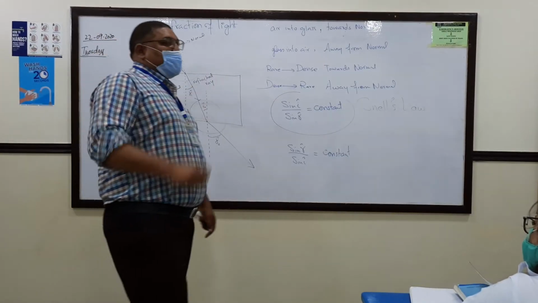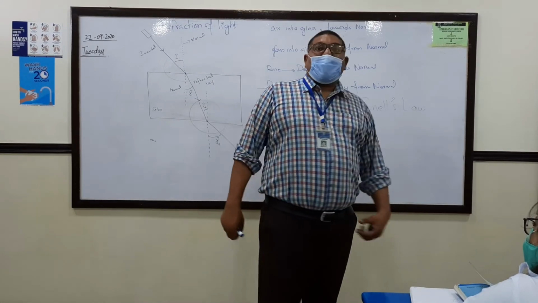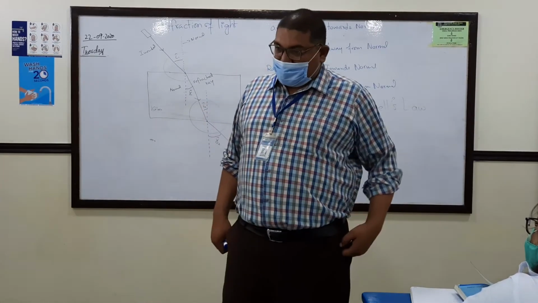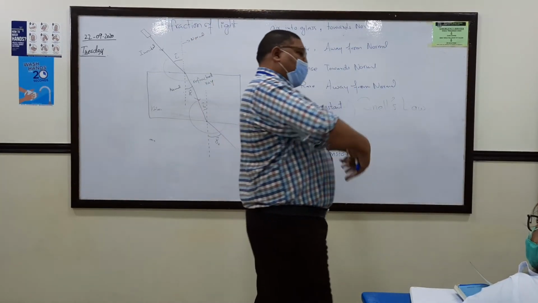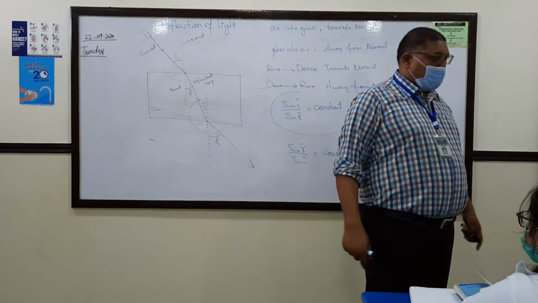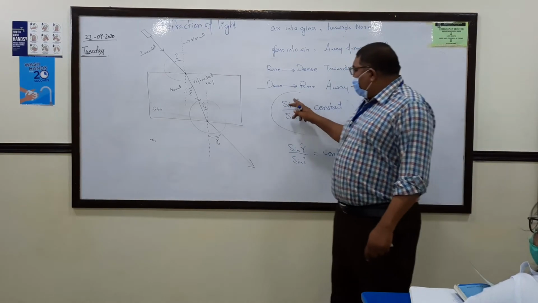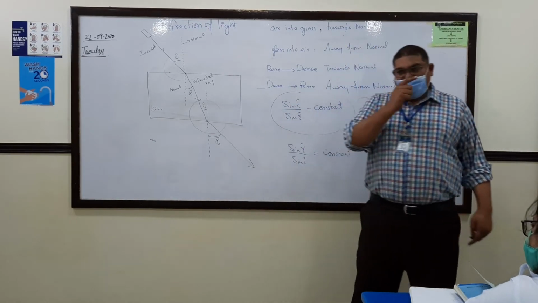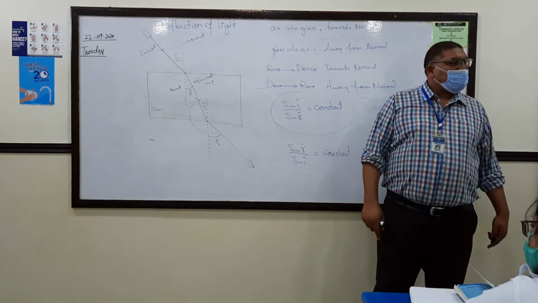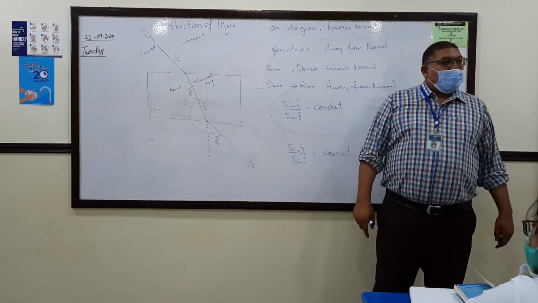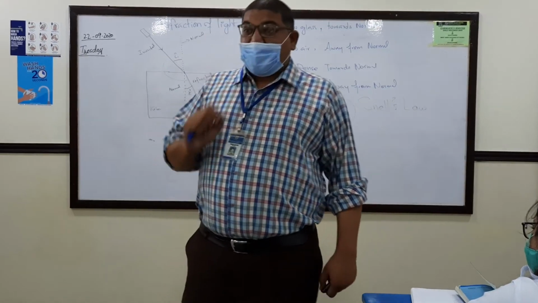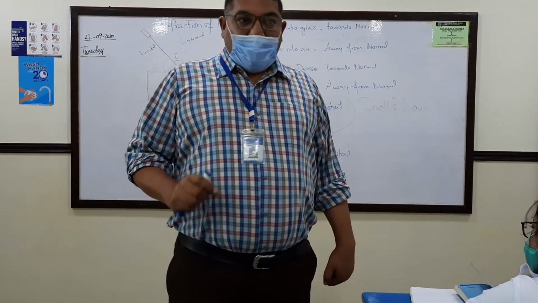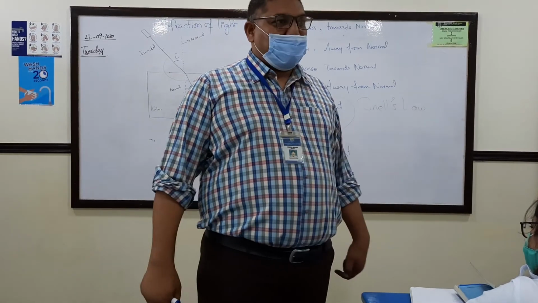It depends on what is happening with the light, from which medium into which medium the light is entering. I always use that formula in which, in the numerator, I put that angle which is in the rare medium.